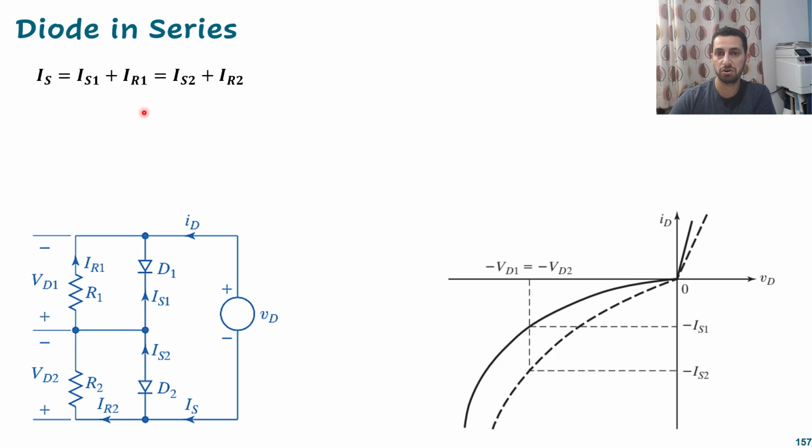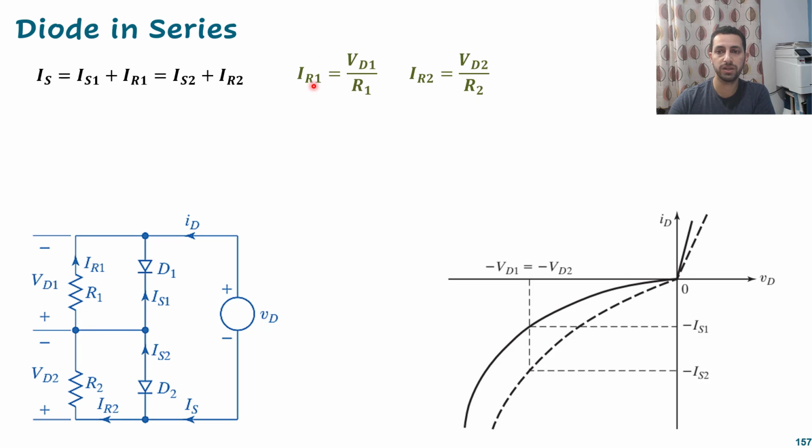This equation is very basic. Then I know that IR is the voltage drop across the diode, which is the same as across the resistor, divided by the value of the resistance.